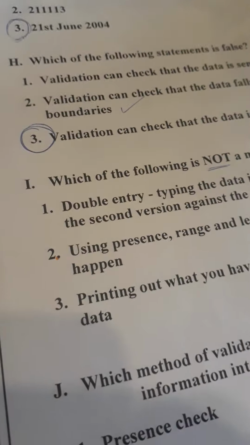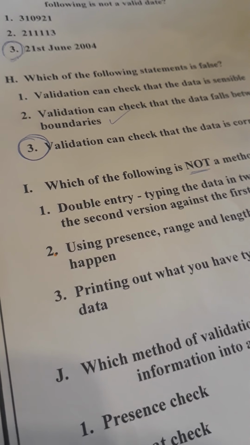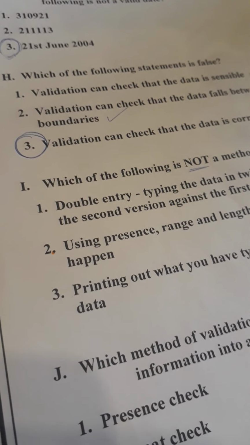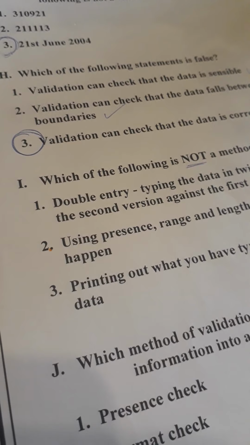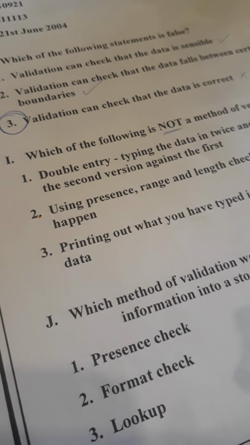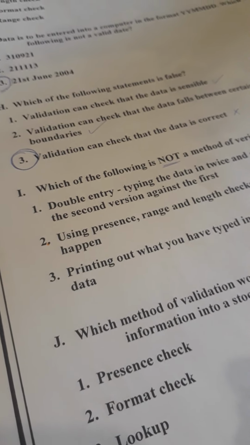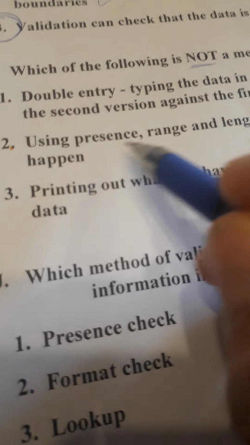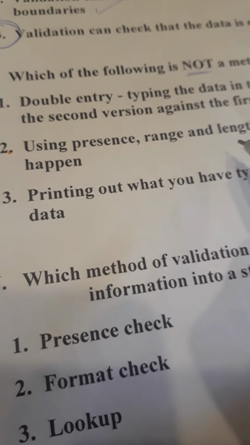I. Which of the following is not a method of verification? We said before that we have 2 types of verification, the double entry and comparison. Okay, so the double entry is a method of verification, and using presence, range, and length check, this is called validation.